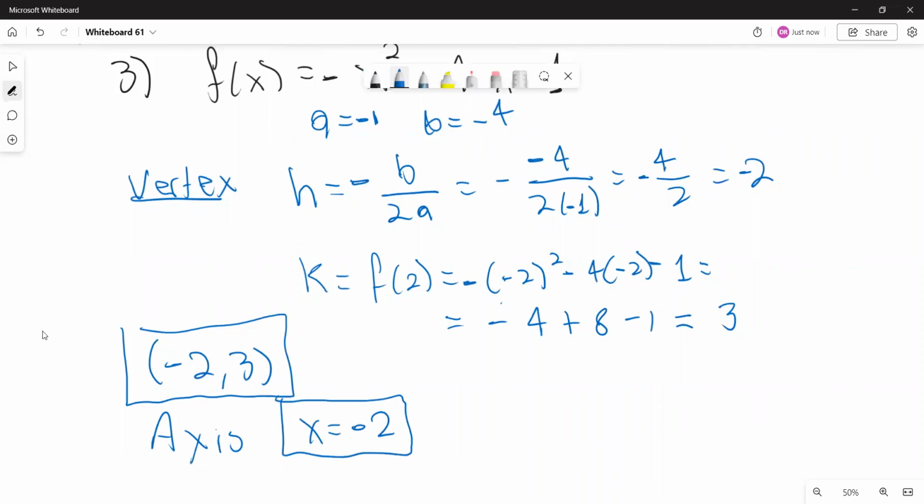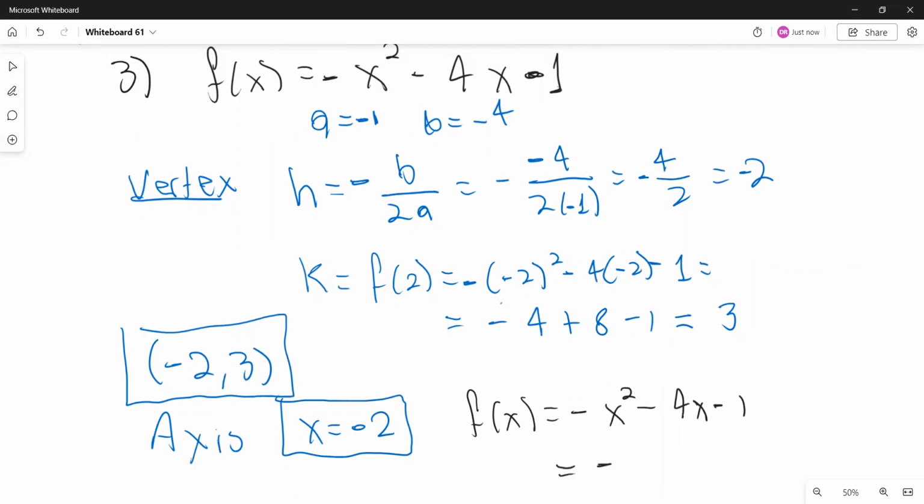And I can also write this function that I began with. This is the same as the opposite of (x plus 2) squared, minus 3, plus 3. So these two functions are the same.